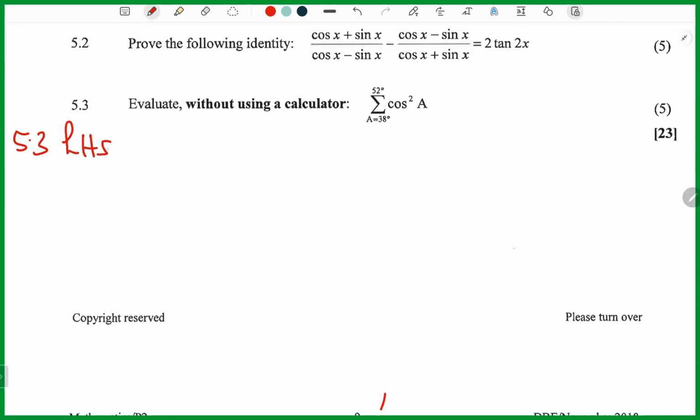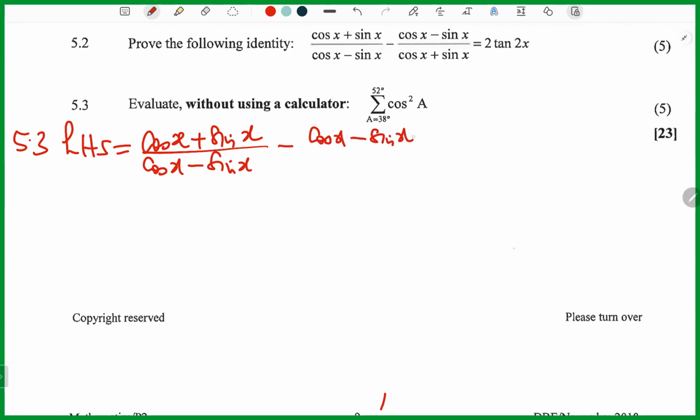So the left-hand side is the same as cosine x plus sine x, okay, it's not theta here, it is cosine x plus sine x, divided by cosine x minus sine x, minus cosine x minus sine x, all divided by cosine x plus sine x.